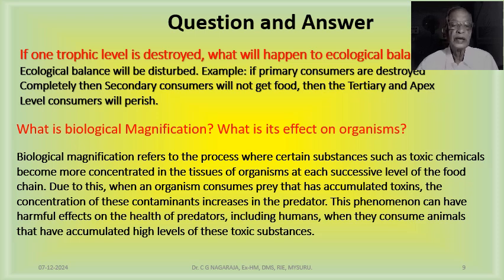That means if you throw DDT on the grass, the grass leaves will contain the DDT, then the grass will be eaten by many organisms, and to these organisms the chemical will go, then those organisms are eaten by some other. Like this, in the entire food chain, the DDT and other chemicals will be stored, and that is called biomagnification, or sometimes biological magnification.